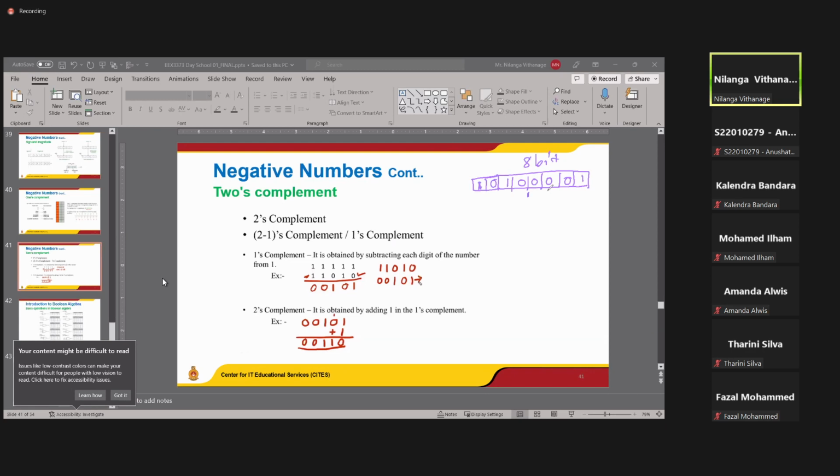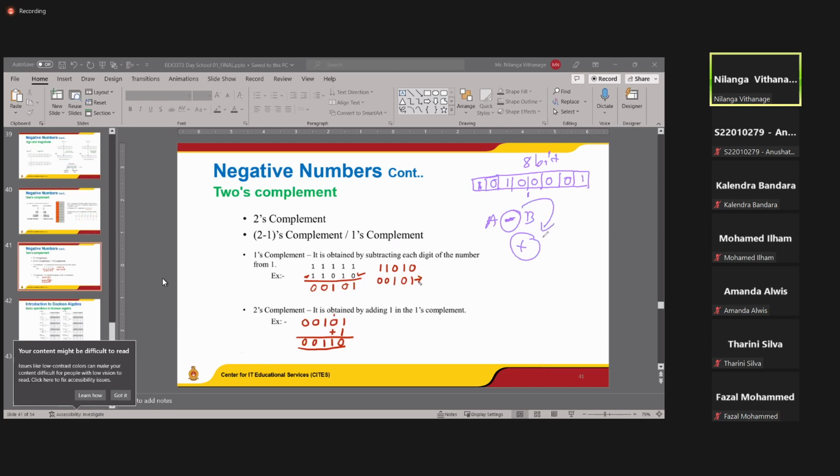But anyway, since we have to use minus numbers, we have to create a method to do these calculations. Actually, this minus operation, let's say a minus b, computers cannot do this operation. Computers can only do the plus operation, right? So you have to convert all these operations into addition.